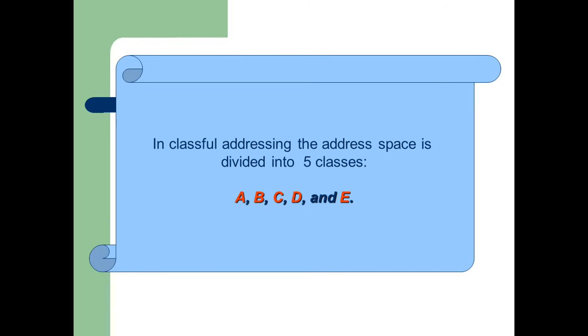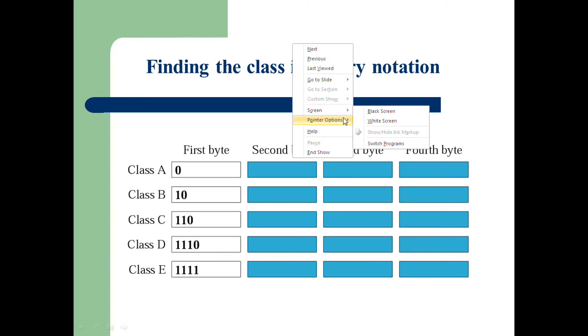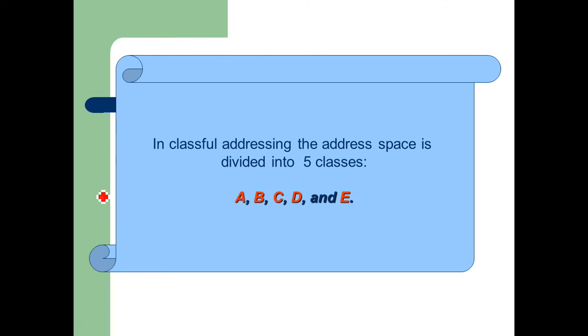So what is the requirement of classful addressing? When I started talking about IP addressing, I already told you there are 2 things. One is the network portion, the first block called the network identification portion, and the remaining is called the host portion.